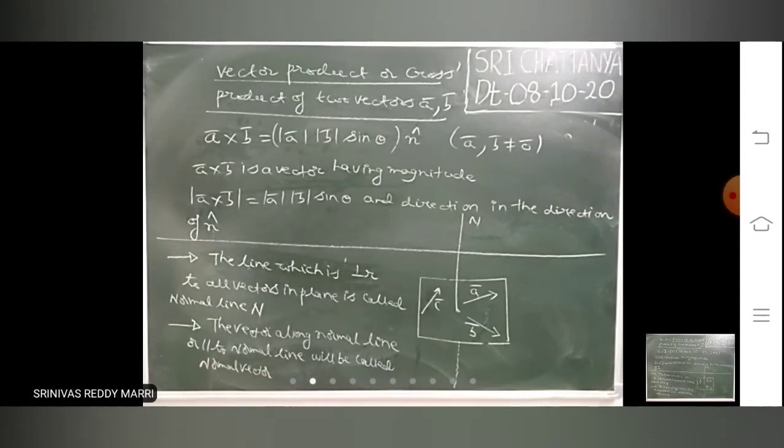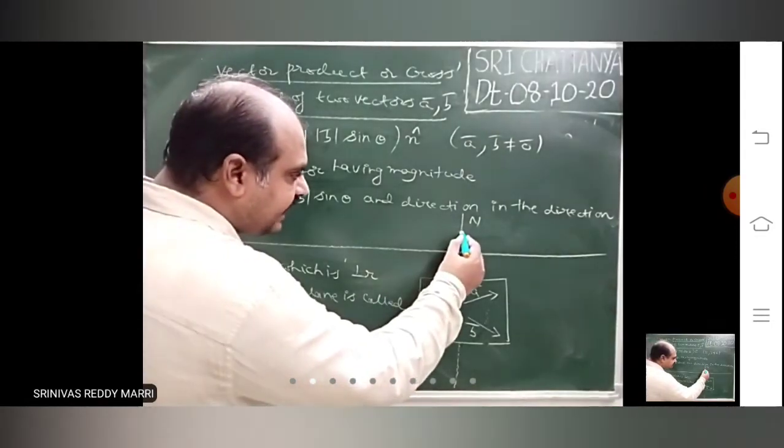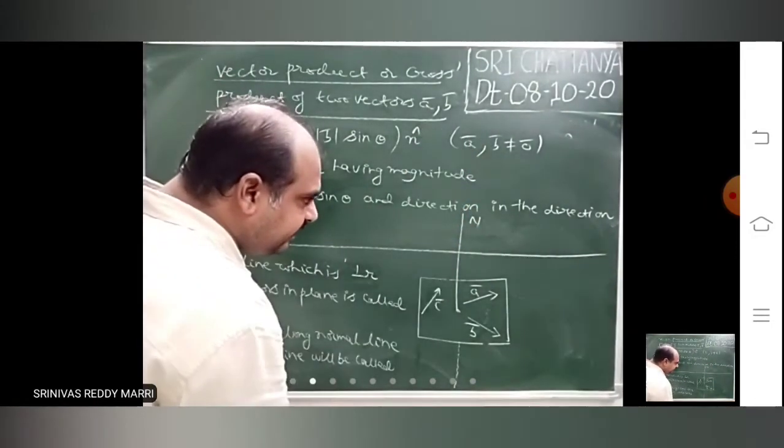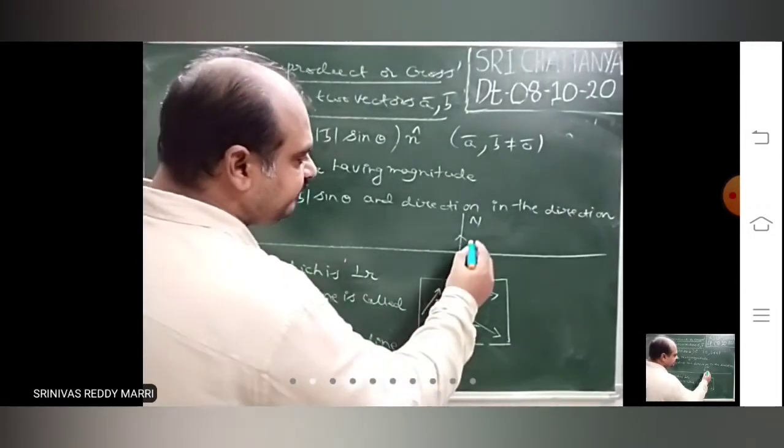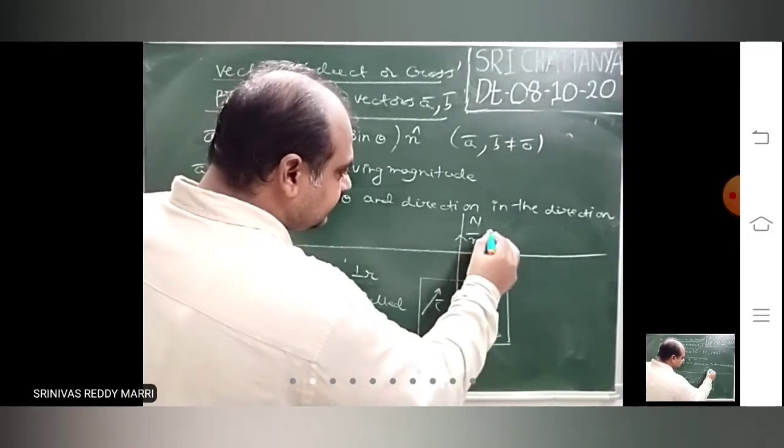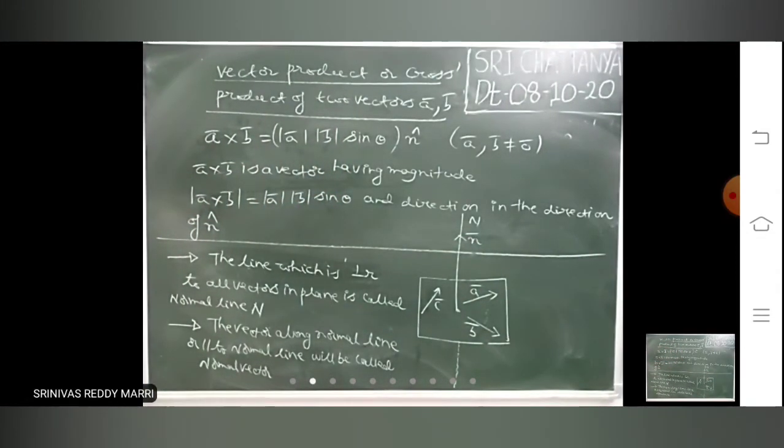Look, along this line, you take any vector along that line. That is n bar, let's say n bar.